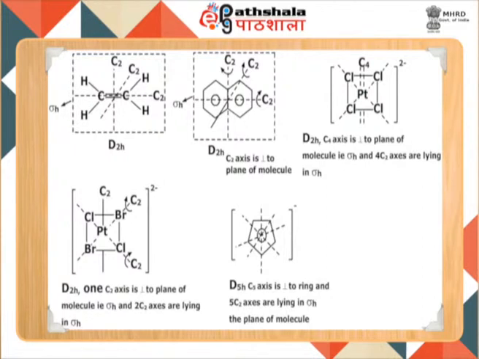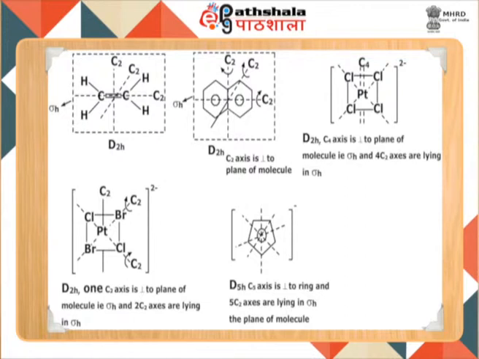Similarly, I can take the benzene ring. Now, if I take this benzene ring over here, we can find out what the point group is for this molecule. If I put the benzene molecule on my palm, this is my C6 axis. It also has a C2 axis along this.